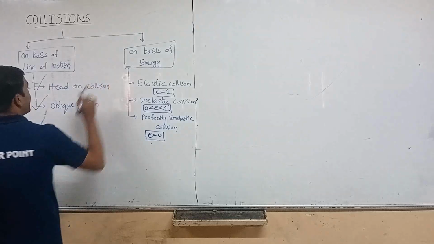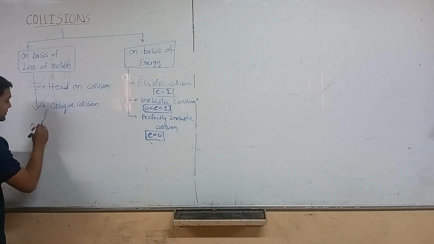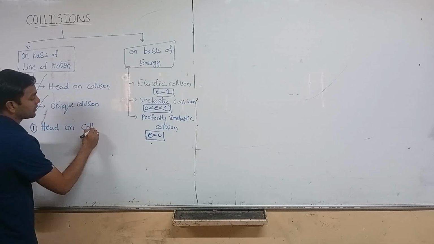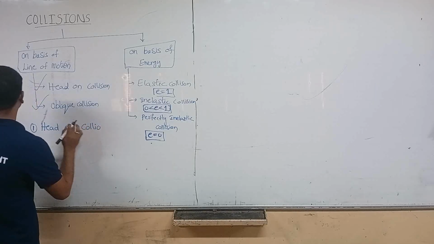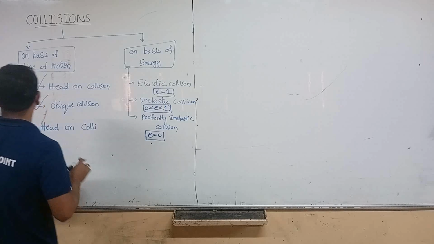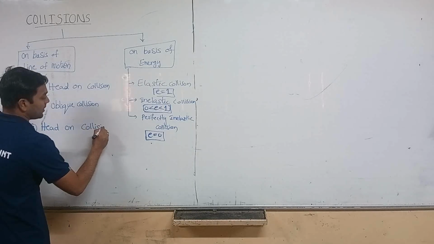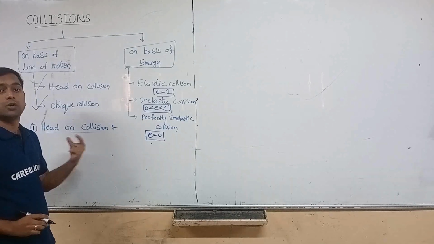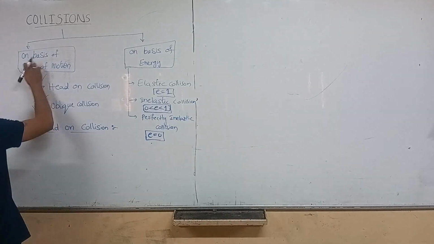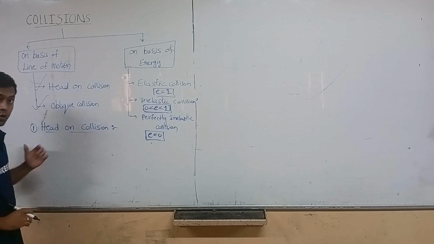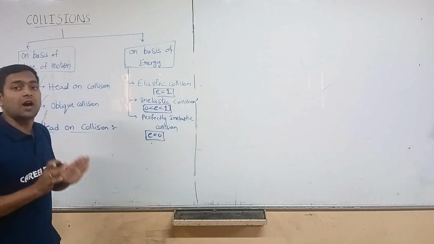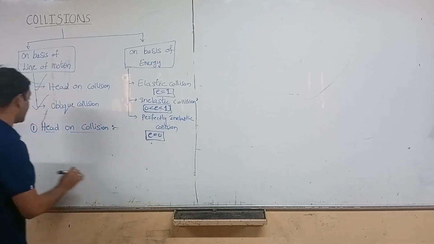So first we will see head-on collision. What is head-on collision? Here, the line of interaction and line of motion are both in the same direction.